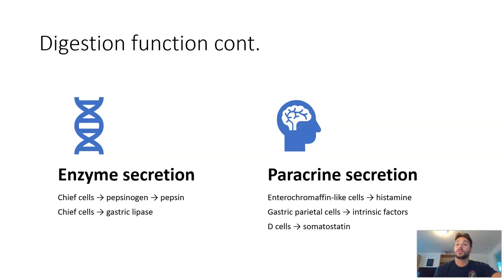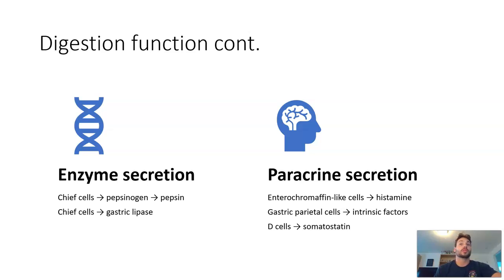Once it becomes pepsin, this is when protein digestion starts to occur. Gastric lipase, like I said, is co-secreted with pepsin, and it is there for digestion of fat by breaking down triglycerides.